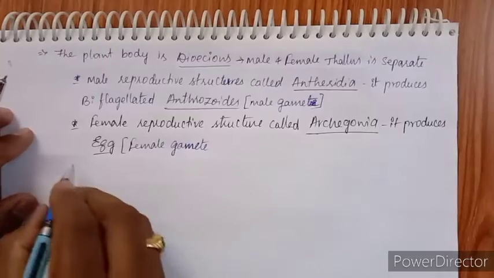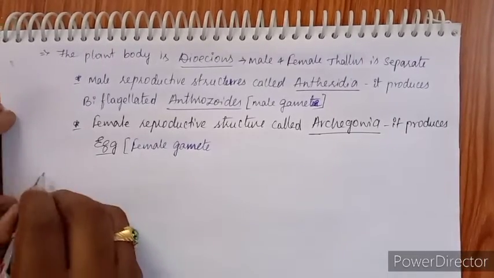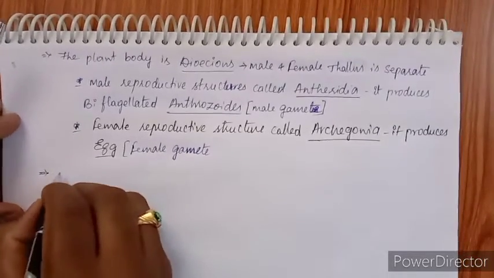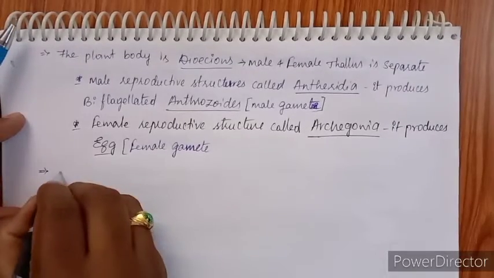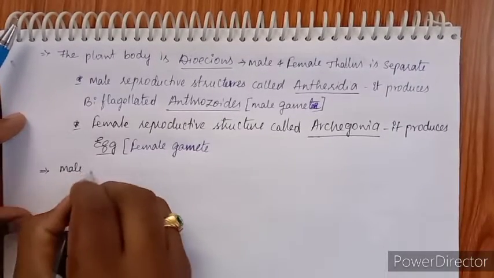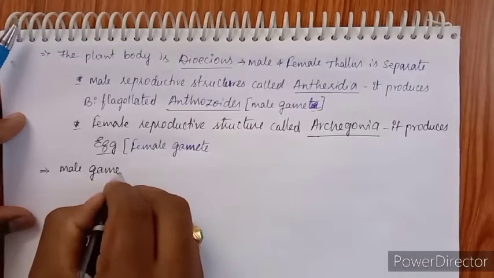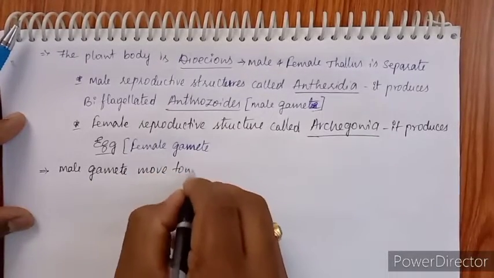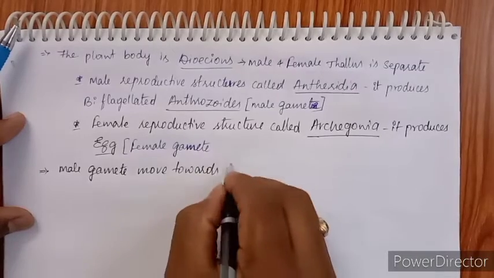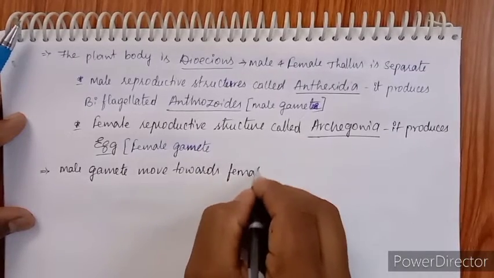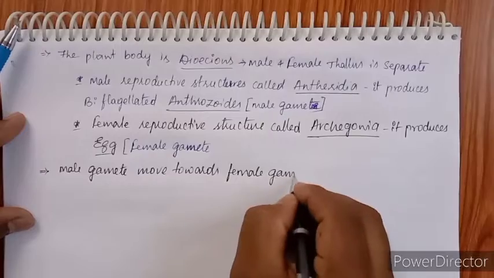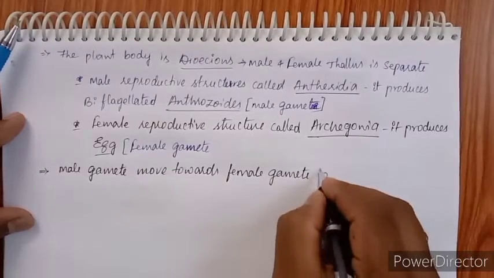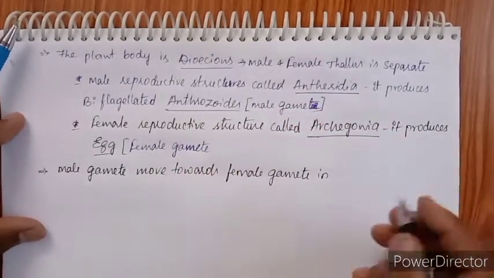See what happens now. The male gamete moves towards the female gamete with the help of water, hence we call it the amphibians of the land kingdom.